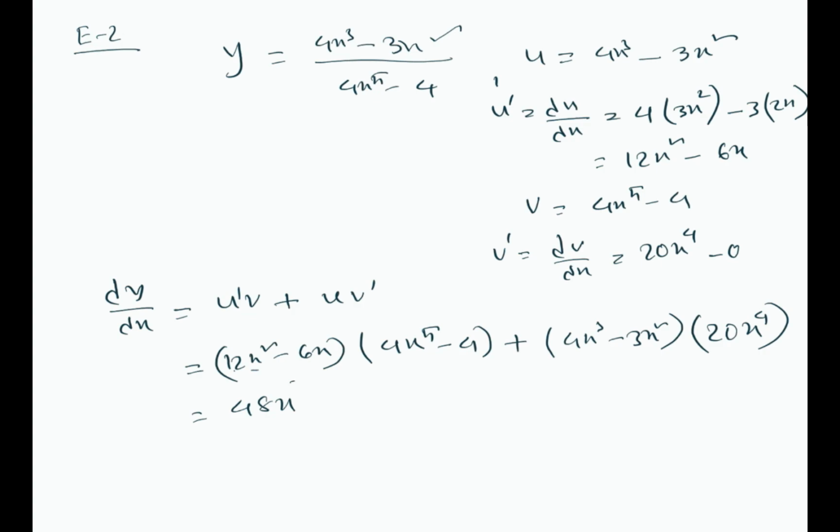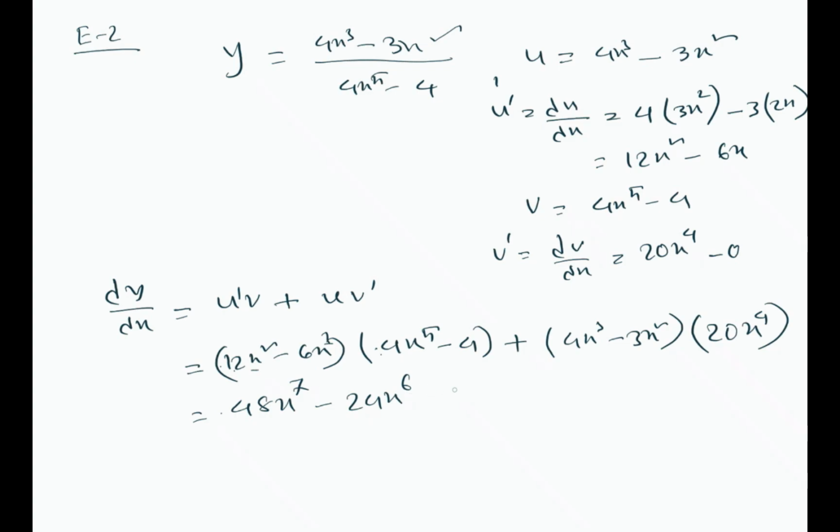So 5 plus 2 is 7, and plus into plus is plus. Then 6x times 4x to the power 5. Here we have a negative sign and a plus sign, so plus into minus is minus. So 6 into 4 is 24. Then x to the power 1 plus 5, so 5 plus 1 is 6, right?